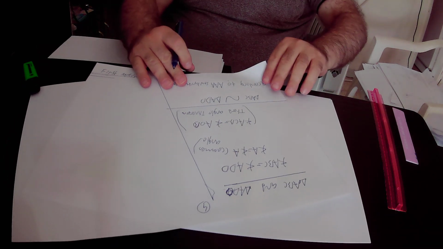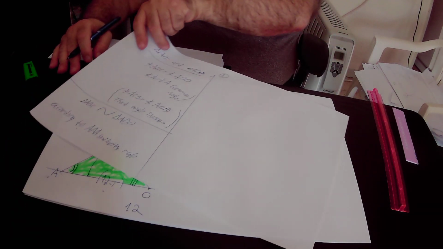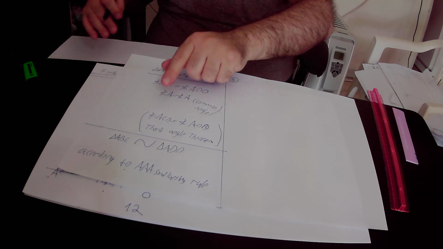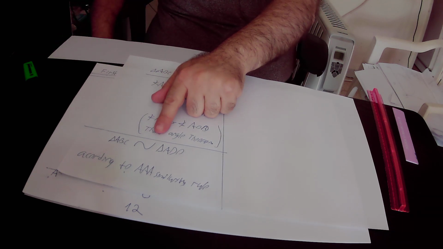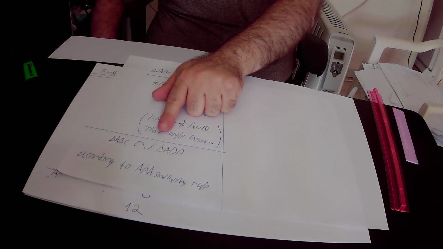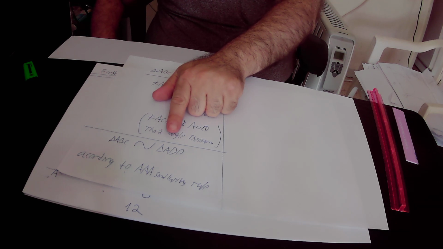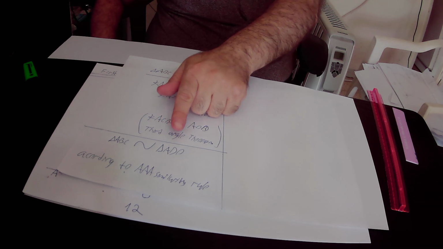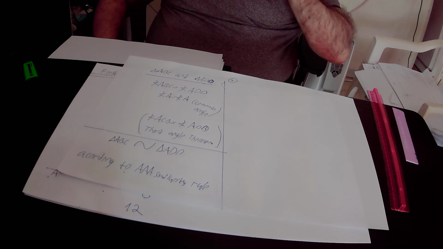I'll repeat again. We proved that the big triangle ABC is similar to the green small right triangle ADO, according to the angle similarity rule.